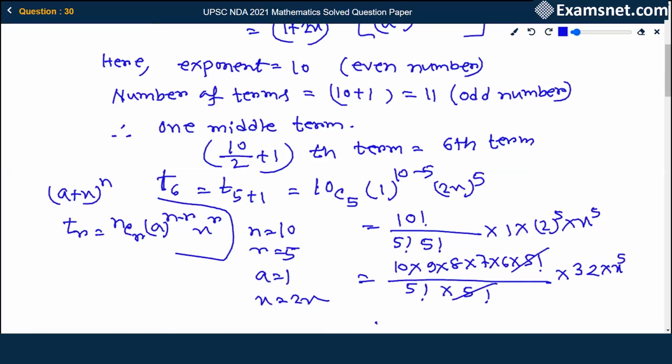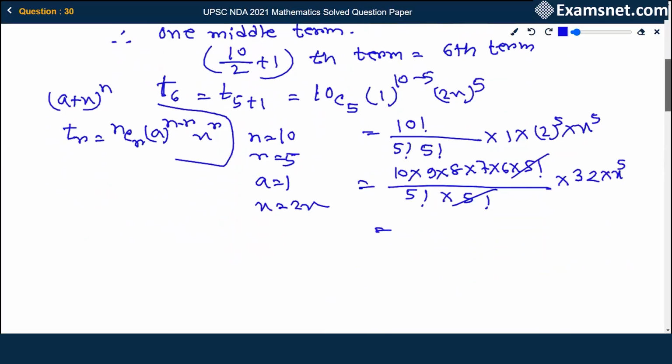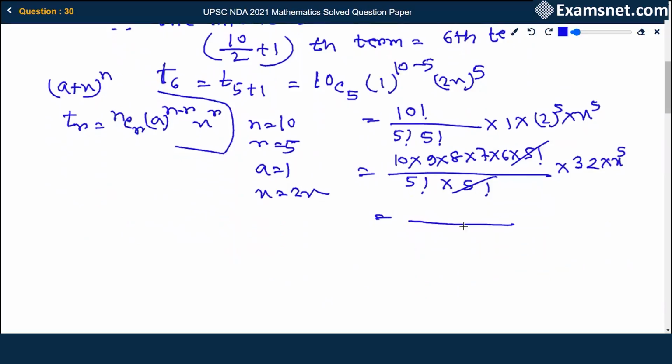Both the 5 factorial got cancelled, and here also 5, 4, 3, 2, 1, 7, 6, 32. So 4 and 2, 8.